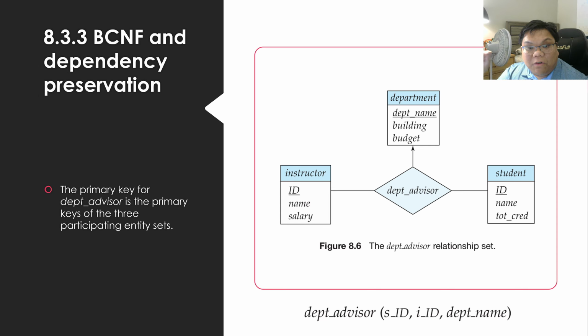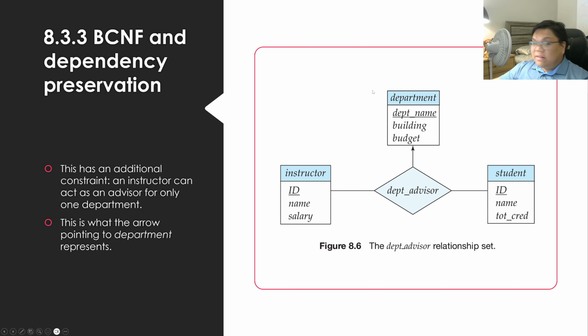The primary key for this ternary relationship is going to be the primary key attributes of the three participating entity sets. In other words, the student ID, the instructor ID, and the department name. This has an additional constraint, which I had actually mentioned already.